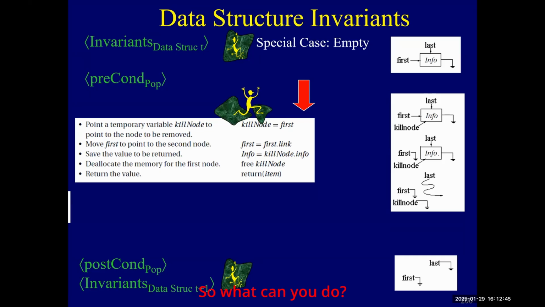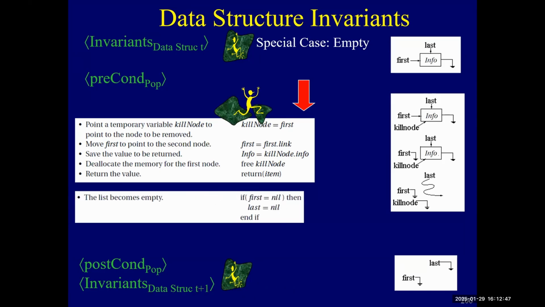So what can you do? You can say, right, if first is now empty, if first is now pointing at nil, then last should point at nil too. Yeah? Yeah, so first is pointing at the object, and then when it walks along, it's pointing at nil, right?